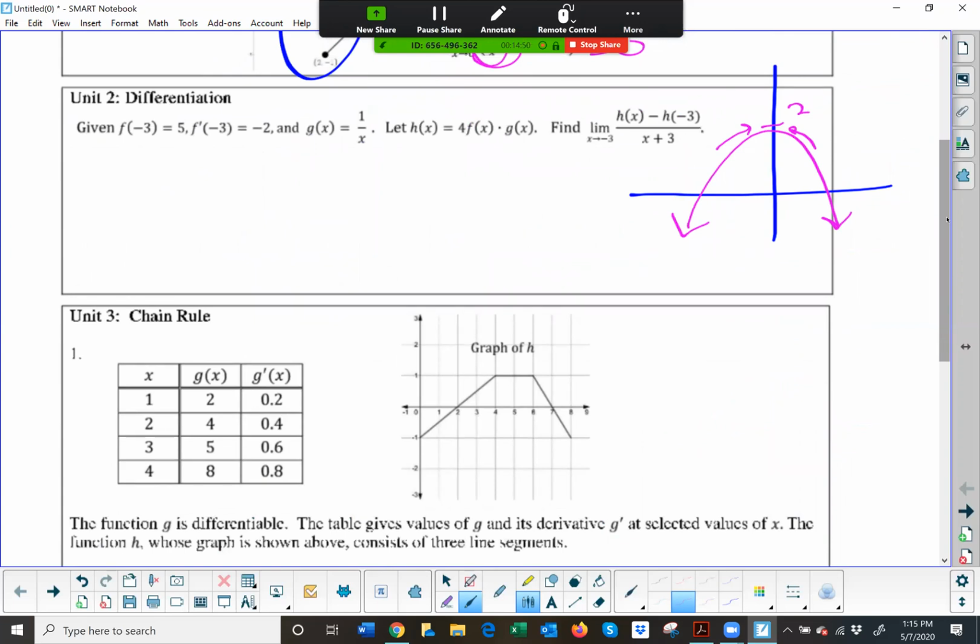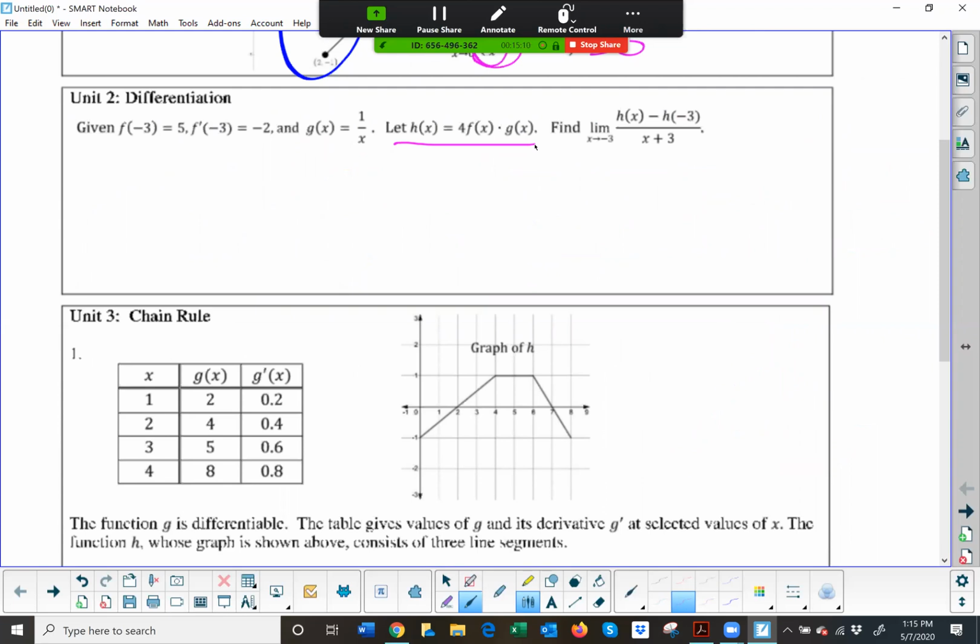Differentiation, chapter 2 for us. Given f of -3, f prime, and g, let h of x equal. Can you lay out what that derivative would look like? Take a moment, lay it out. See if you got this one right.